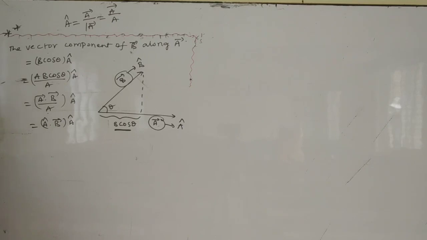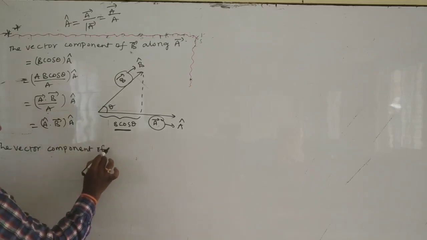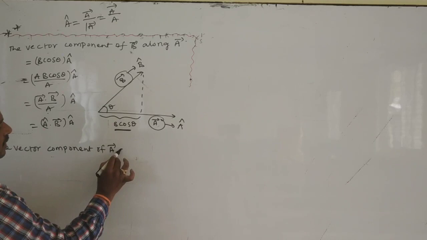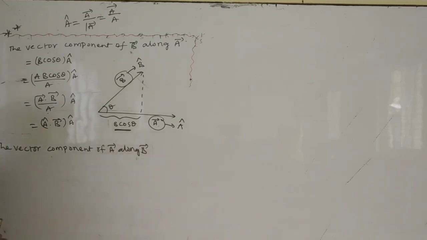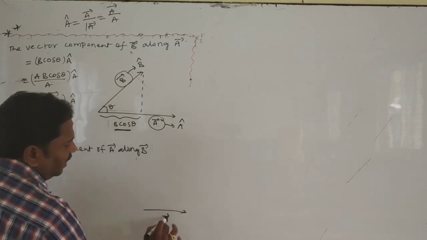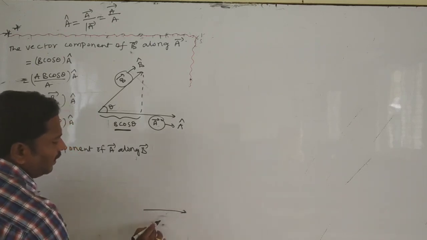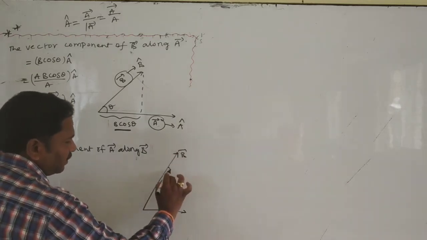Similarly, the vector component of A bar along B bar. Now this is the A bar vector, and we resolve it along B bar.